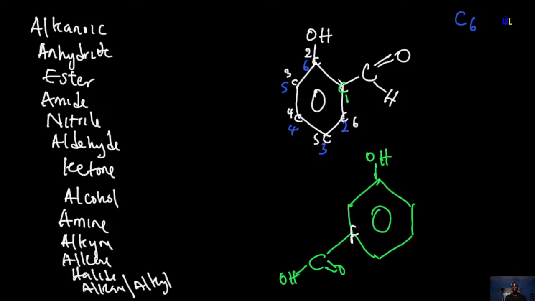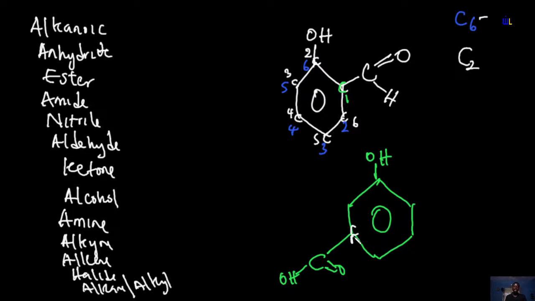So notice this, that if you had numbered clockwise, you will find out that the hydroxyl group will be on carbon 6. But because we numbered anti-clockwise, automatically the substituent now has carbon 2. So when you are giving your numbers, make sure you are starting from the side and going towards the direction where the substituents are closer to the first carbon atom of that benzene ring.